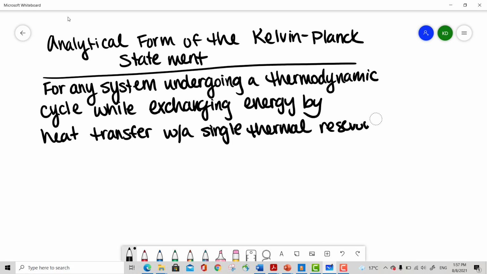Remember, with a single thermal reservoir, we said that we can't get work out of it.